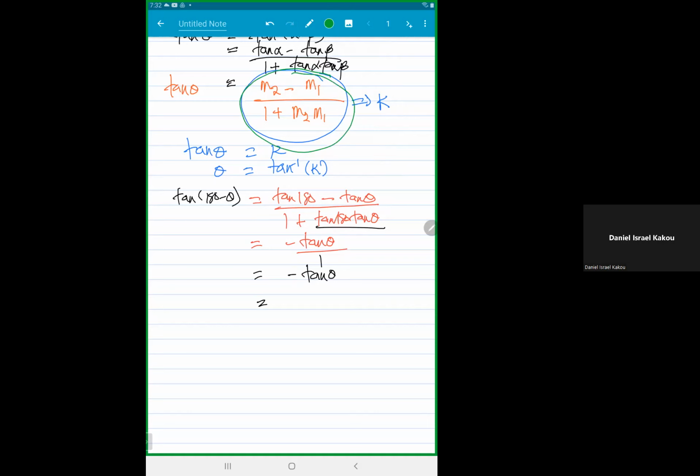So it is me taking minus of m2 minus m1 all over 1 plus m2 m1. This becomes the other angle between the two lines.